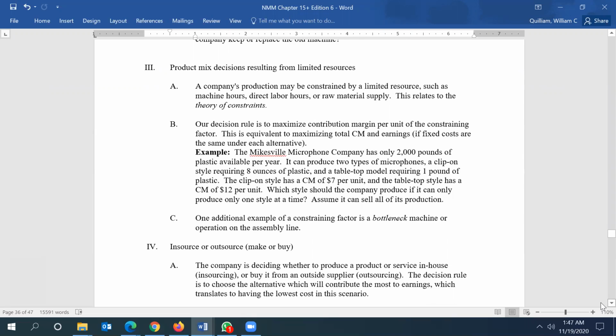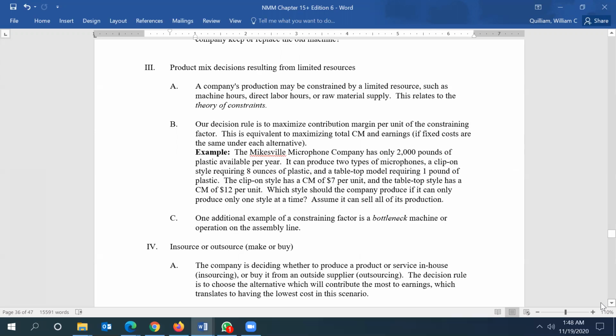So we have here product mix decisions resulting from limited resources. So what type of mix of products could we sell? Let's see. Well, first of all, a company's production may be constrained by a limited resource, such as machine hours, direct labor hours, or raw material supply. So that constraining factor is something that we're going to have to subordinate everything else to, and I will show you how.